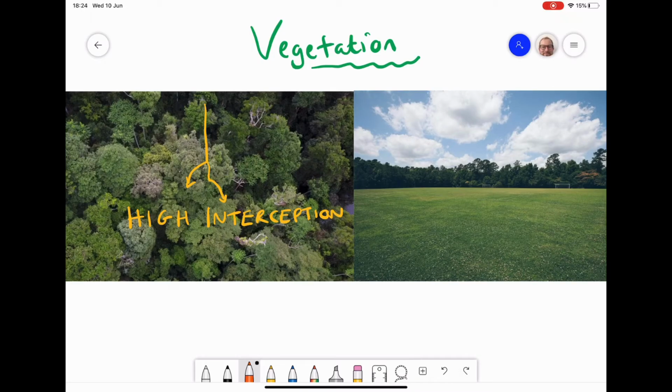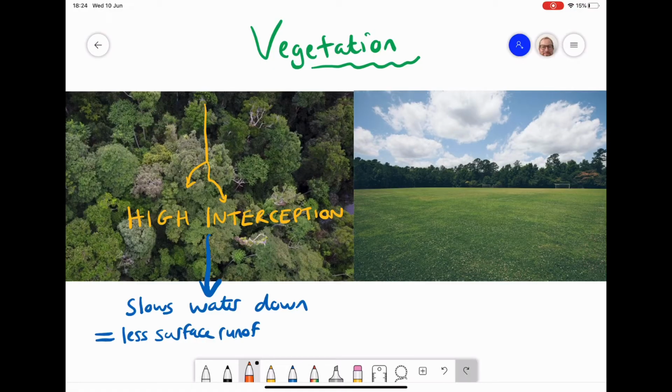It would mean that those raindrops don't make it directly to the ground really quickly. It would slow the water down, and that means when the water's slowed down, it has the chance to infiltrate into the ground, and therefore we don't get that much surface runoff. So we get less surface runoff, and if we get less surface runoff, the water isn't getting as quickly to the river, and therefore we're going to get less flooding.